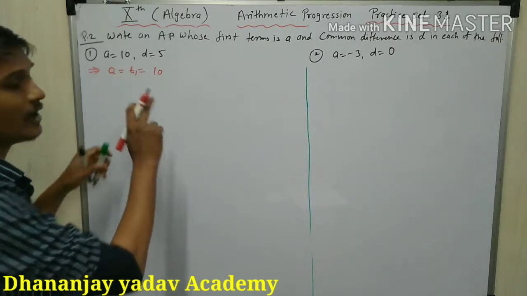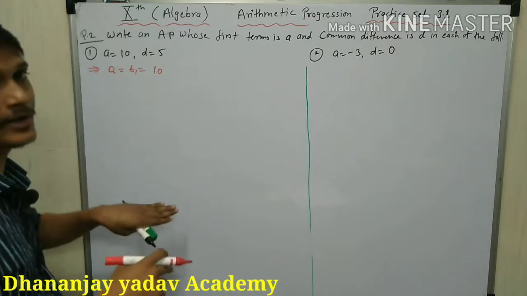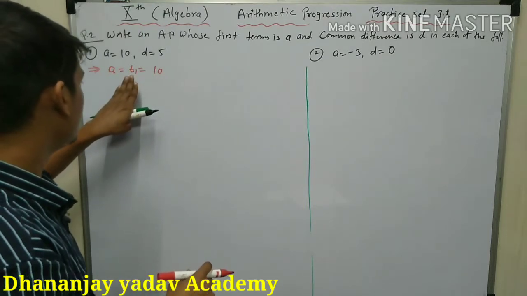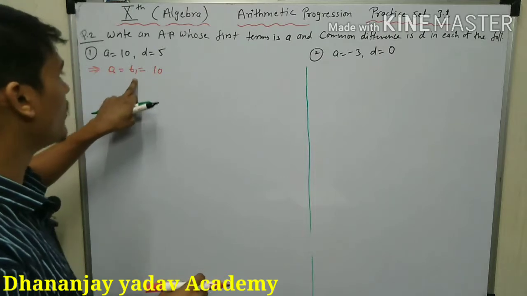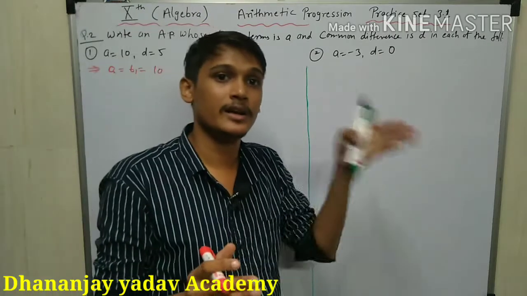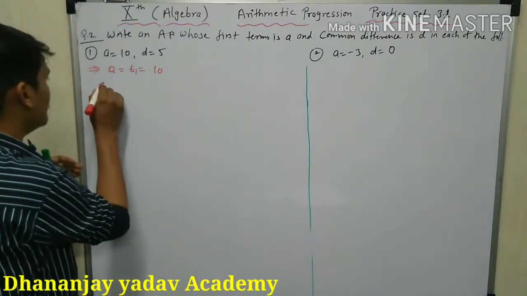This is the first term, T1 is equal to 10. How to find the second term? The second term is T2 is equal to T1 plus D, which means first term plus common difference. Understood?